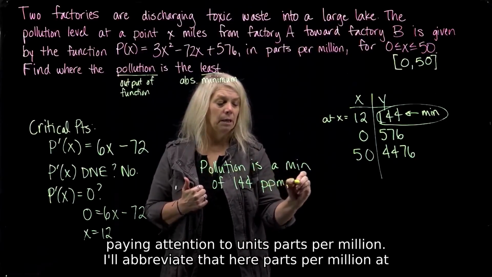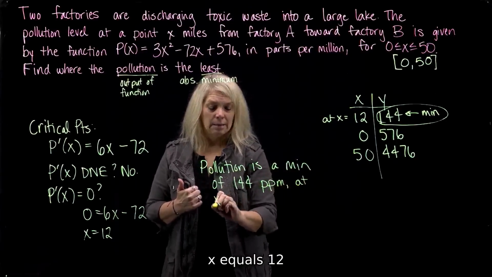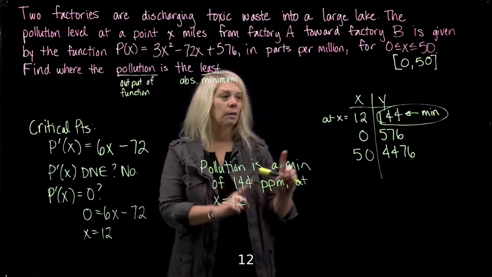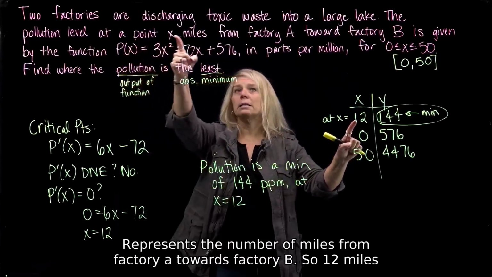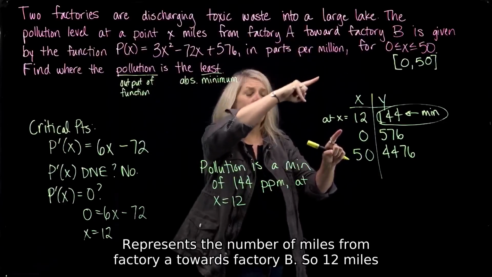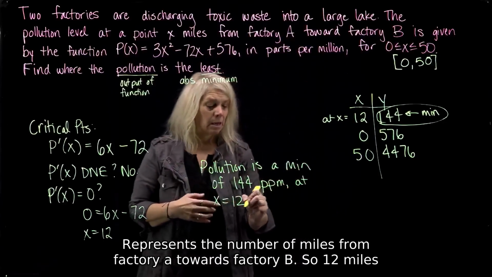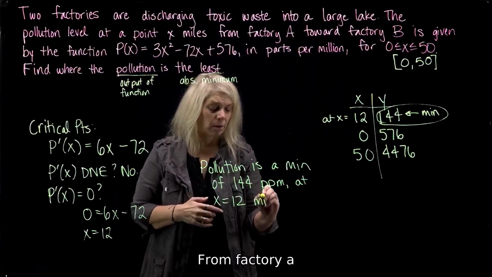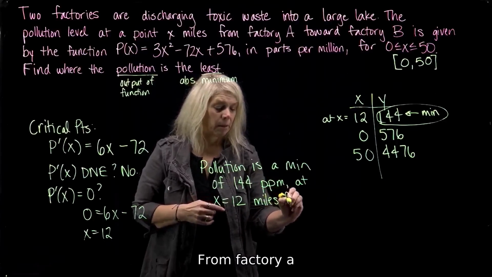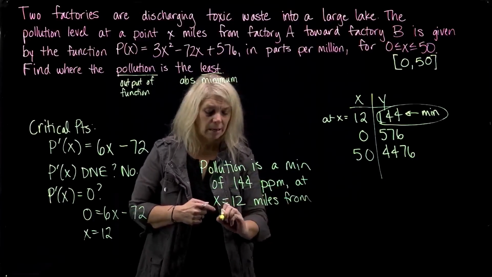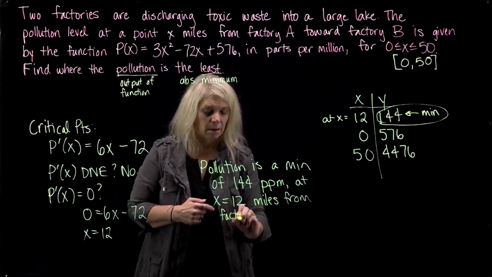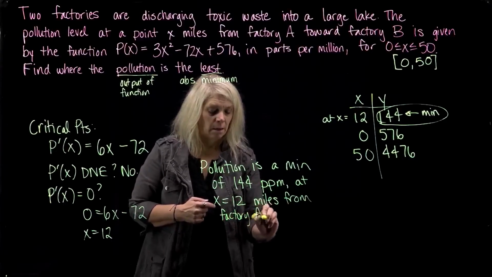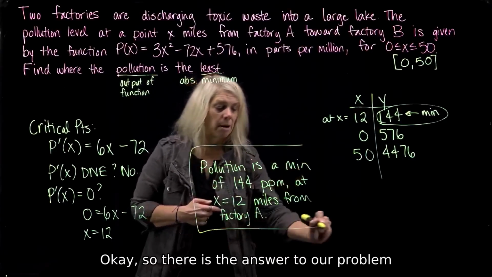Parts per million at x equals 12. 12 represents the number of miles from factory A toward factory B. So 12 miles from factory A. Okay, so there is the answer to our problem.